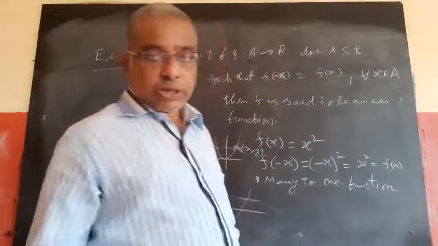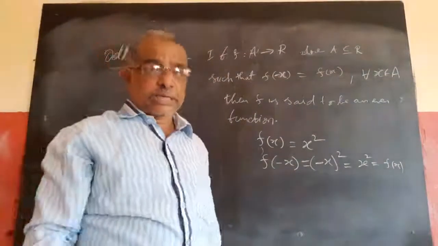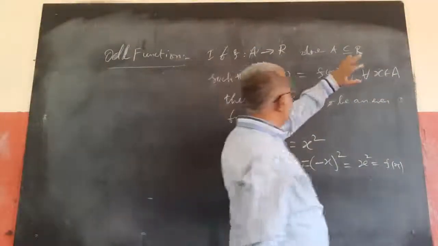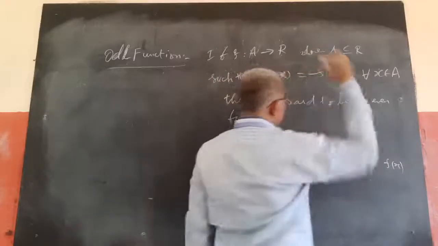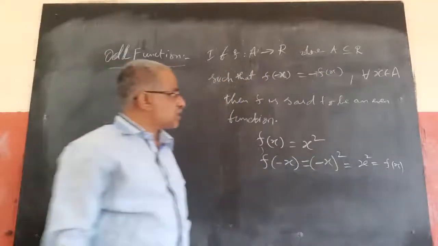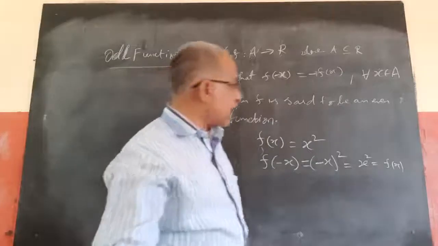Next, coming to the odd function. f is a function from A to R, where A is a subset of R, such that f of minus x equals minus f of x for every x belonging to A. Then f is said to be an odd function.